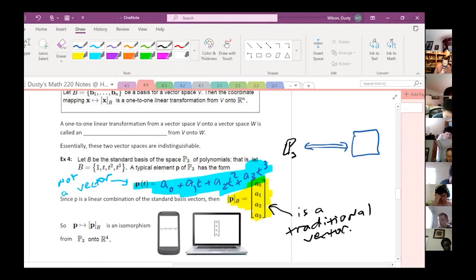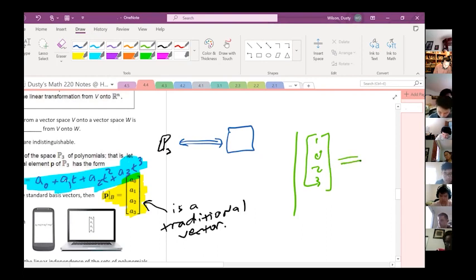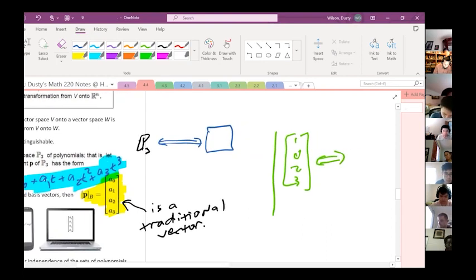Okay. That makes sense? Let me make sure you're tracking what that would mean. So for example, what would 1, 0, 2, 3 translate to in this context?